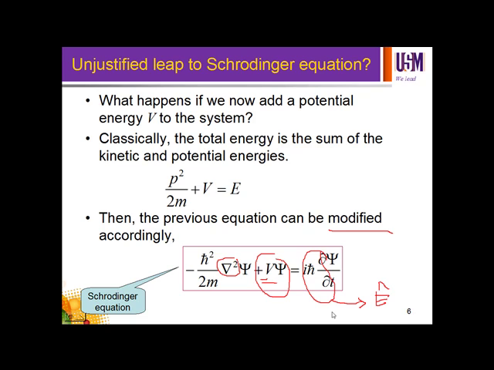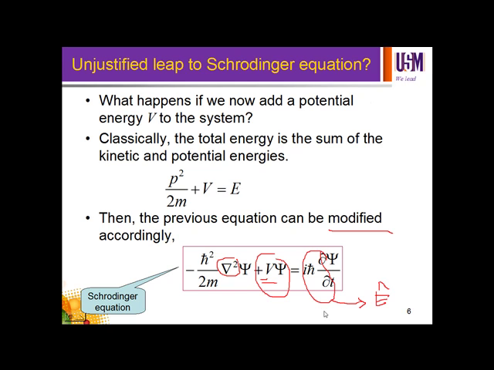So this is the Schrodinger equation. I hope you memorize this equation and you know what it means. And in fact, from the objective of this lesson, you should be able to derive or describe how Schrodinger managed to introduce this equation.